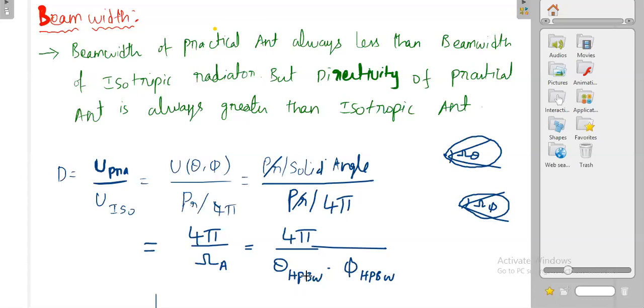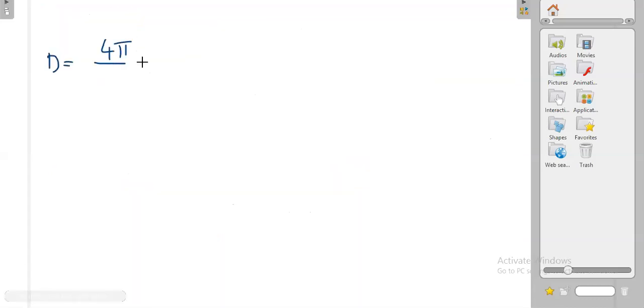This is another way to calculate the directivity of the antenna: simply 4 pi divided by the half power beam widths in both planes. You just make a product. This formula is in radian mode. Since the numerator is 4 pi in radians, the denominator also has to be in radians.